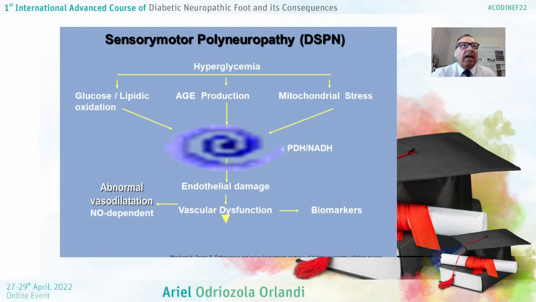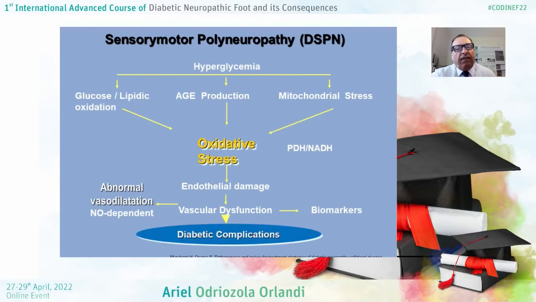The next one is the hexosamine pathway that promotes inflammatory products, PKC activation, insulin-resistant activation, and the production of advanced glycation end products, AGEs, and their binding receptor, RAGE, that promote inflammation, reactive oxygen accumulation, and decrease nerve blood flow. And finally is the vascular dysfunction, because the endothelia suffer big damage and diabetic complications occur.